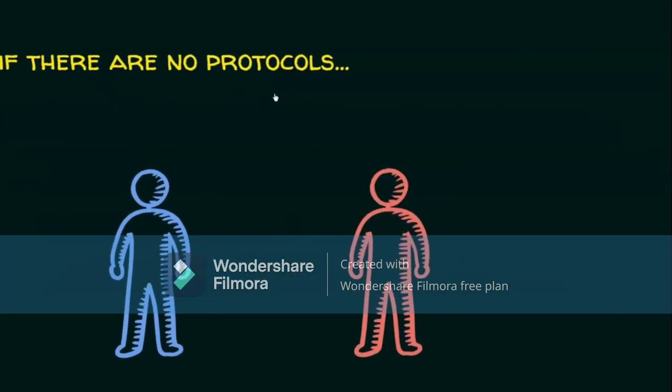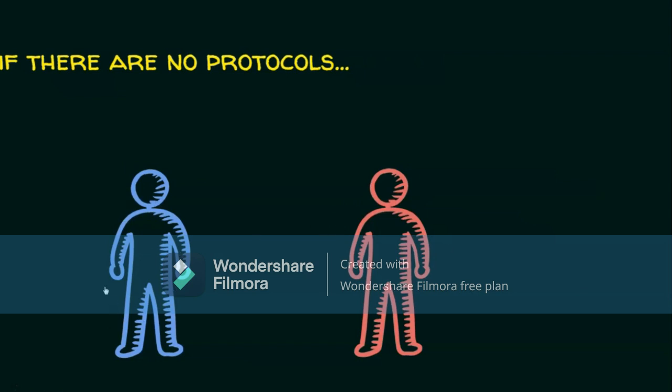What if there are no protocols? If this guy speaks at high speed, which this destination cannot handle, this communication becomes useless. So they have to mutually agree upon certain rules. What if this blue guy speaks in a language which this guy cannot understand? He may be grammatically correct, but still there is no use in this communication.